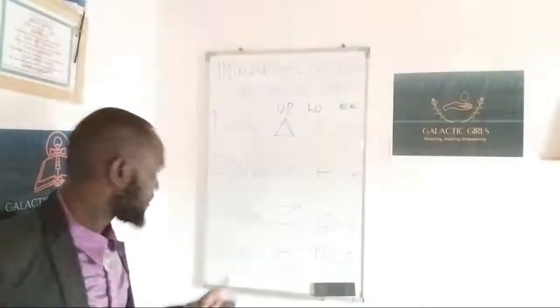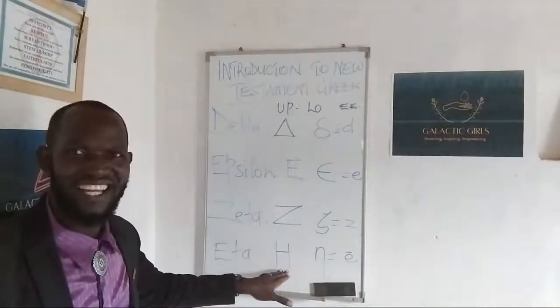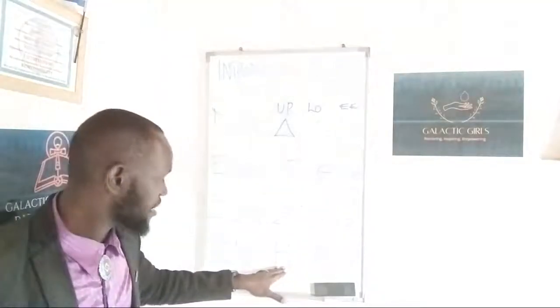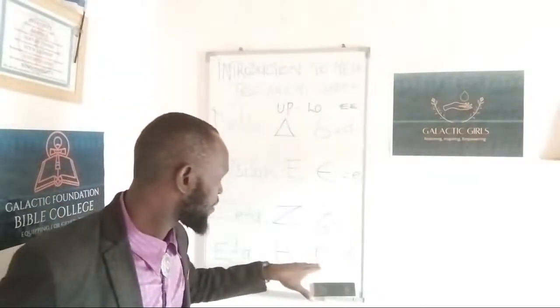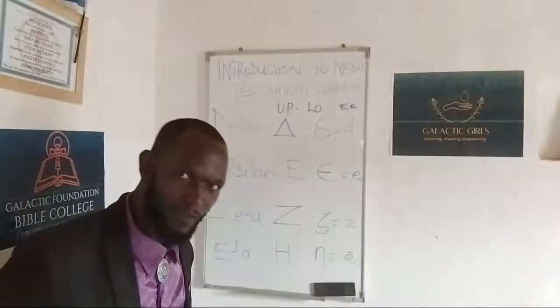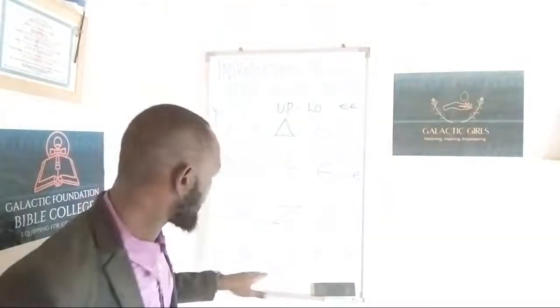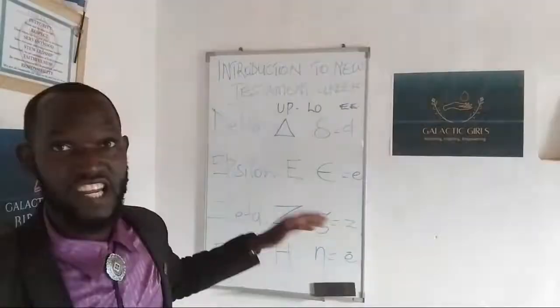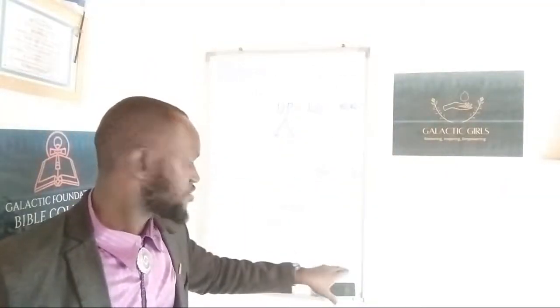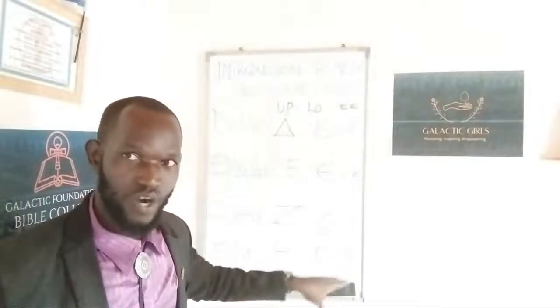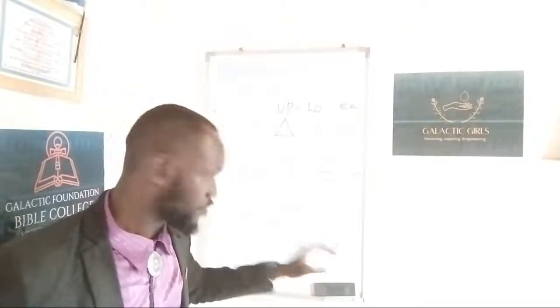And then eta, the uppercase appears like an H of the English, and then the lowercase is like the English lowercase n, but with a tail. And we've said eta, which is equivalent to the English E, just like epsilon, is only used when the sound of the E in the word is strong and prolonged.